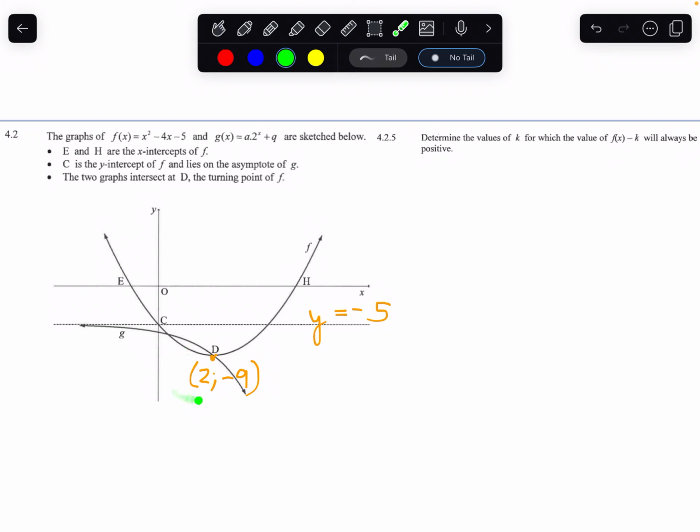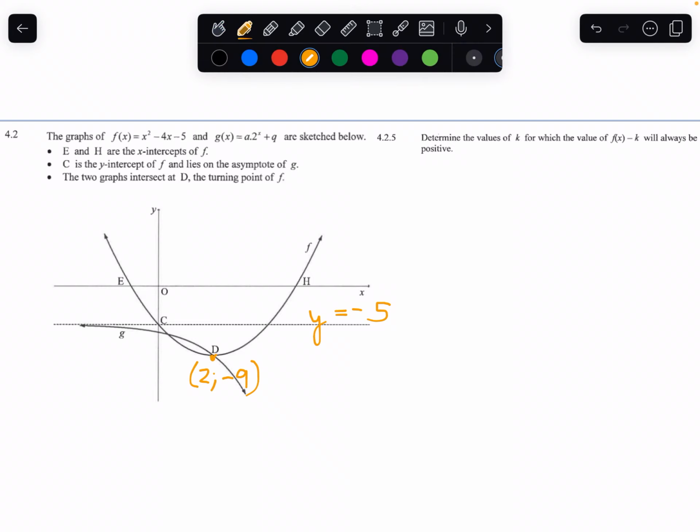The moment the turning point is above the x-axis, then this is where we're at our happy place, where all of the y values that this function outputs are always positive. So we want to get this turning point above the x-axis, which means the turning point needs to go from being at negative 9 to more than 0. So we need to move this parabola up by more than 9 units, right?